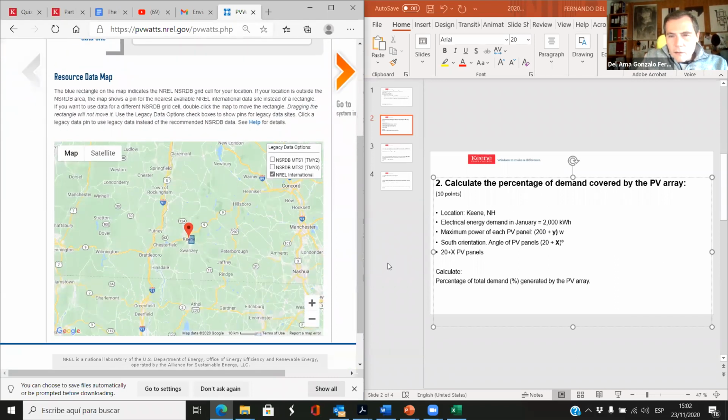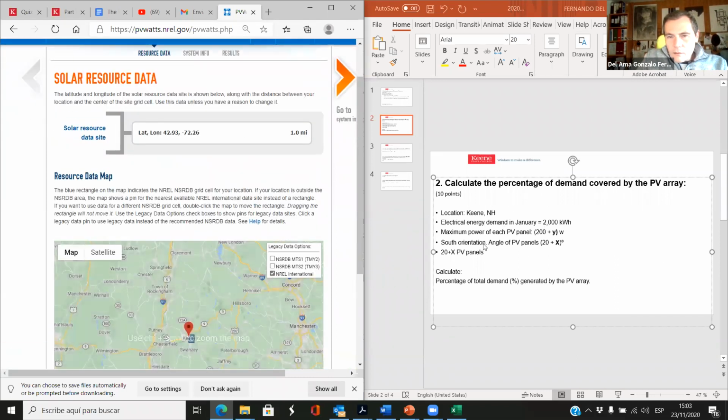Then there are 20 panels times the maximum power of each panel, which is, let's say, 200.